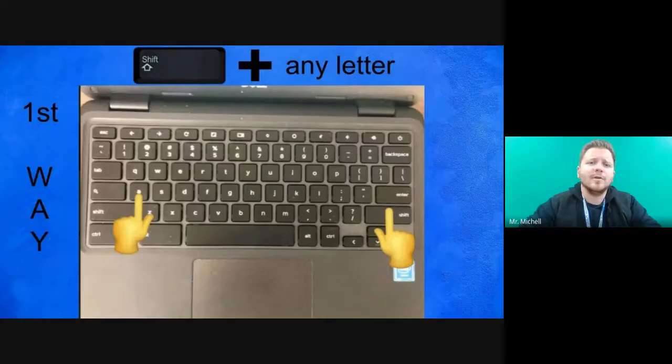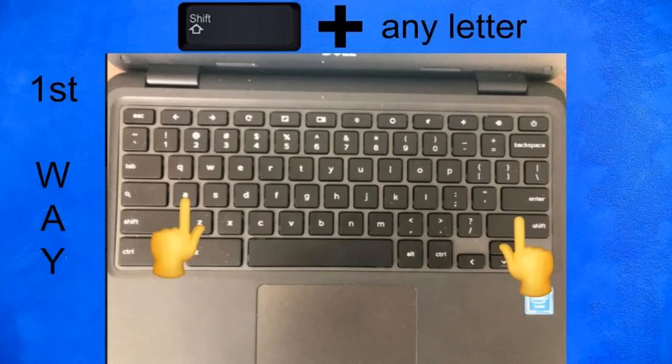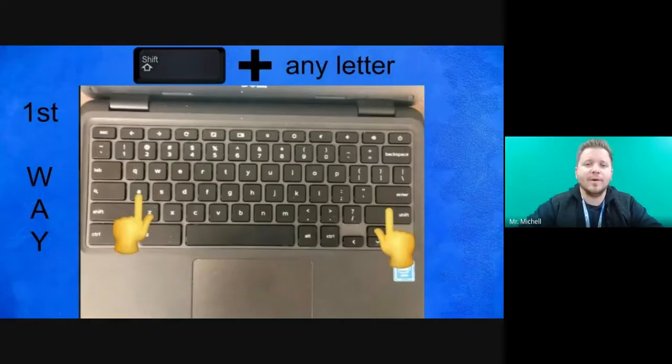There are 2 ways you can use the shift key. One way is using your right finger on your keyboard and pressing down on the shift key and then pressing on the letter that you want to capitalize. And if you notice on your keyboard, all the letters are lowercase letters. Now, the only way you can get them uppercase is by pressing on shift, holding it down, and then tapping on the letter.